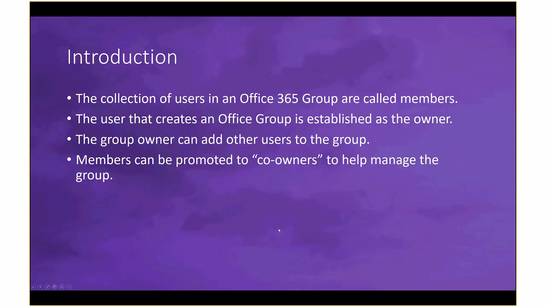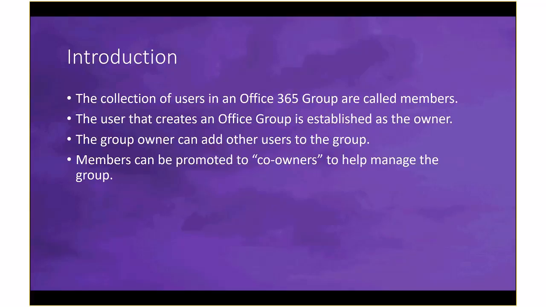By way of introduction, the collection of users in an Office 365 group are called members. The user that creates the group is automatically a member and has the member type of owner. The group owner can add other users to the group and take users out of the group and do administrative type functions.